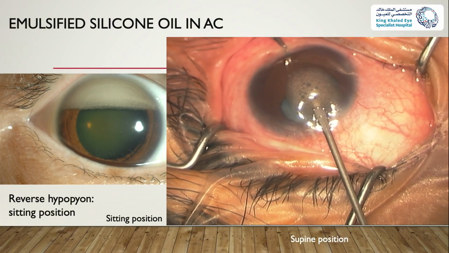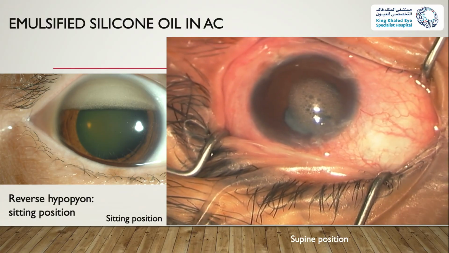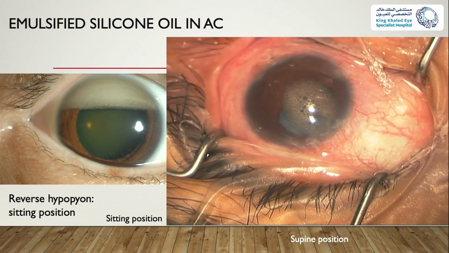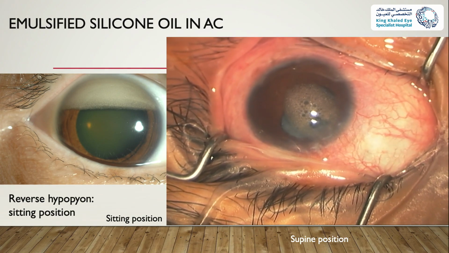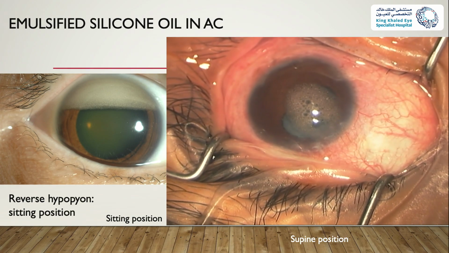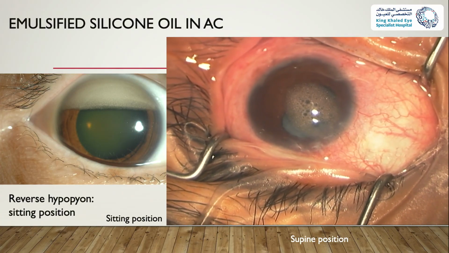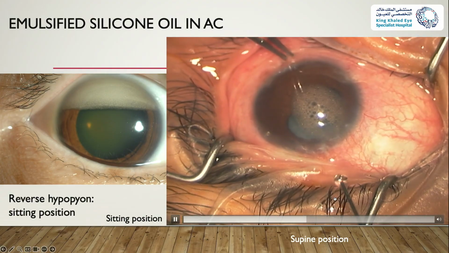When I try to get this bubble out, I make exaggerated tunneled corneal incisions so that I have a self-sealing wound, and then you can just irrigate out the balanced salt solution through that corneal wound.